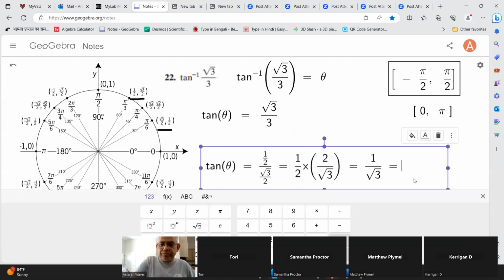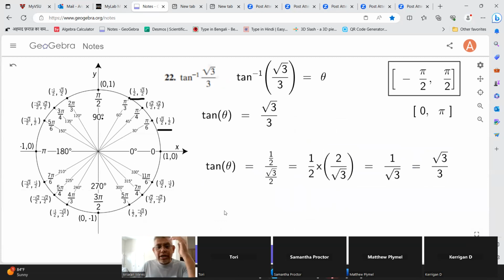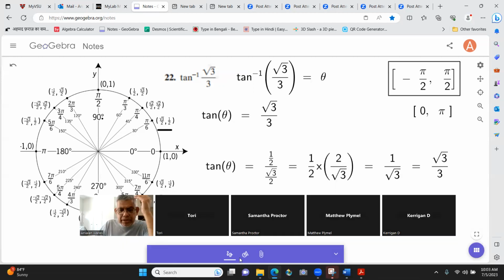How do I do that? Top square root of 3 and the bottom square root of 3, and square root of 3 times square root of 3 is going to be 3. So I know for sure it is, I don't need to test this. It's going to be square root of 3 over 3. Fine. So this, I'm going to highlight just so that you know what we're getting.